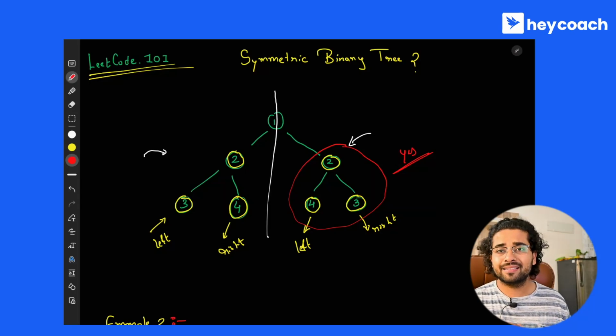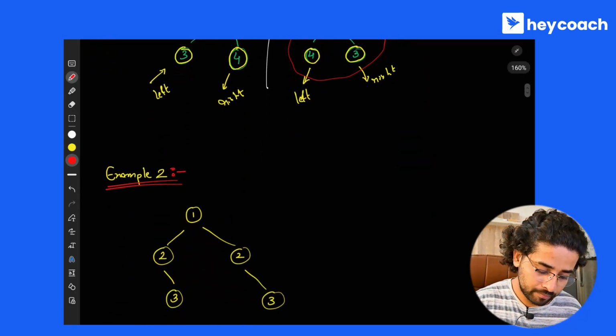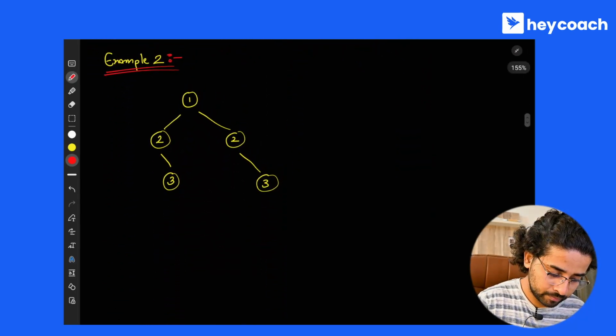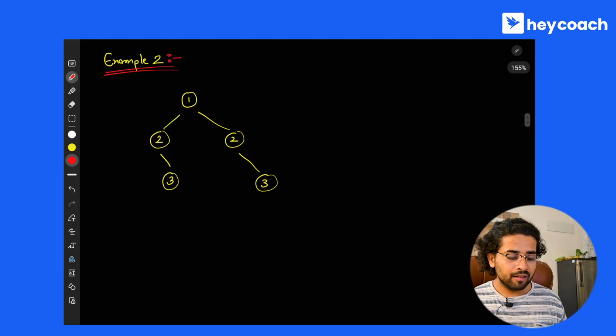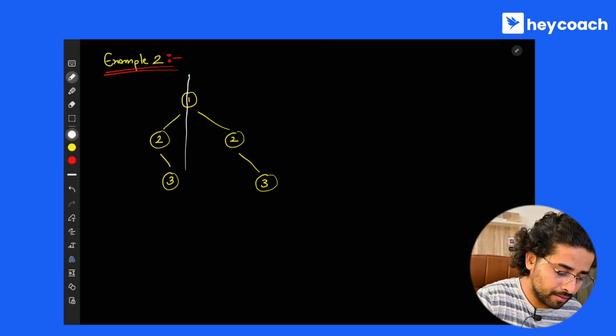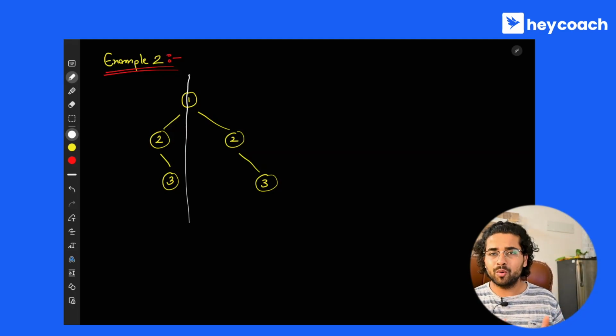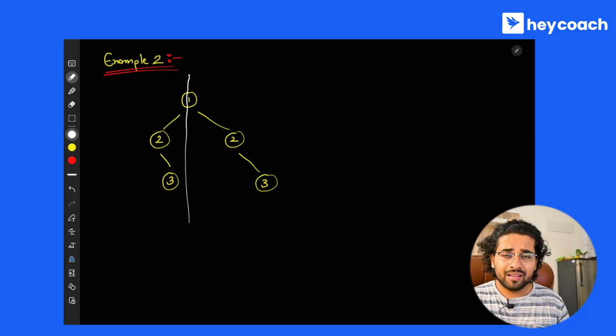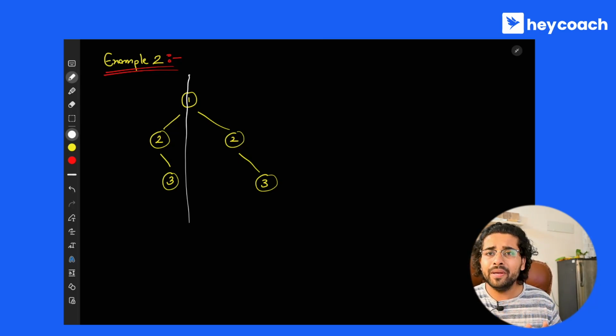Okay, let's take another example. If I draw a center line from the root, by seeing this binary tree we can say that it is a mirror or symmetric tree, but it is not.